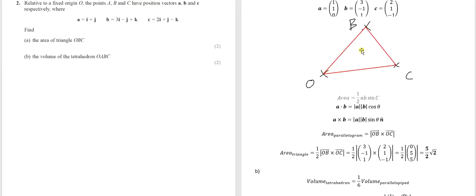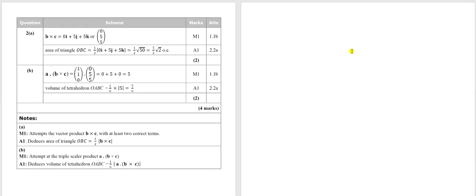But in fact, because it shrinks to a point, it's going to have a volume which is a third of the volume of the containing triangular prism. So unless the point A is a long way away from the OBC base, we're going to have quite a small volume here.